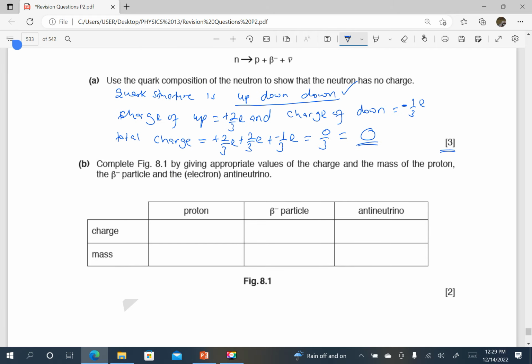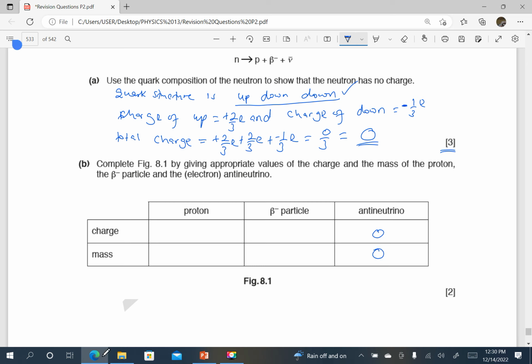Complete the figure by giving appropriate values of the charge and the mass of the proton, the beta minus particle, and the electron antineutrino. Starting with the electron antineutrino, we know that this one has no charge, it has no mass.